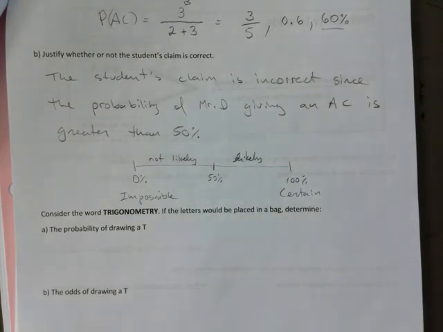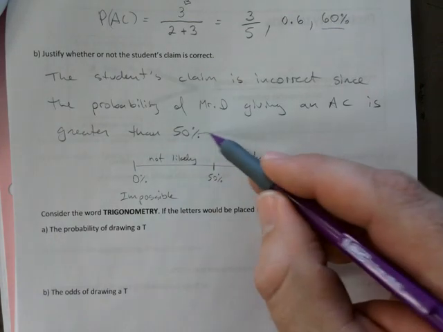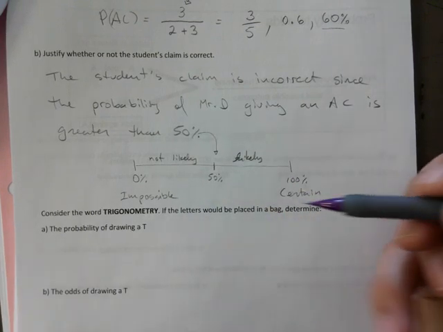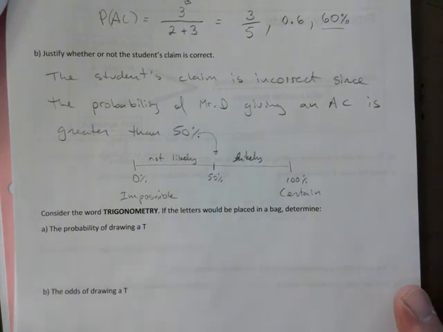I just came up with that now. Hopefully that helps. The 50 is kind of like your halfway mark, and then it's a bit more likely. If you're comparing events, you would look for the highest percentage. Right now, it's greater than 50. It's somewhere in the 60s, so it's more likely to happen than not.